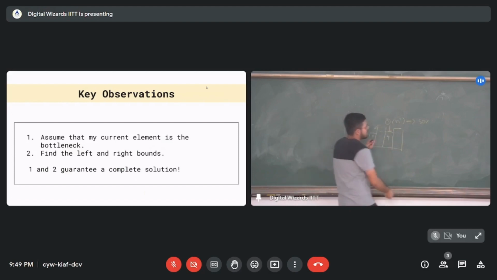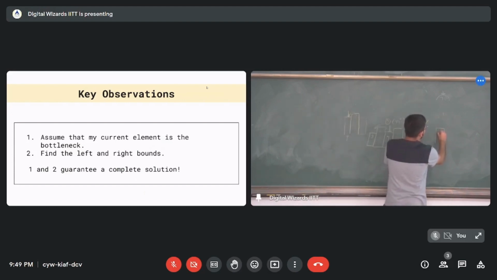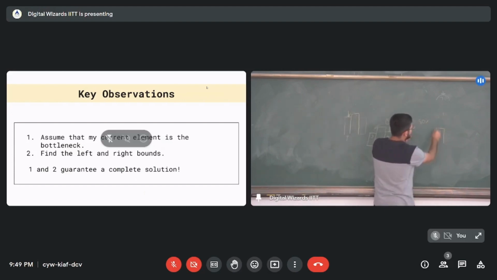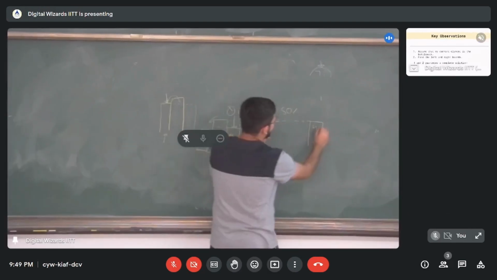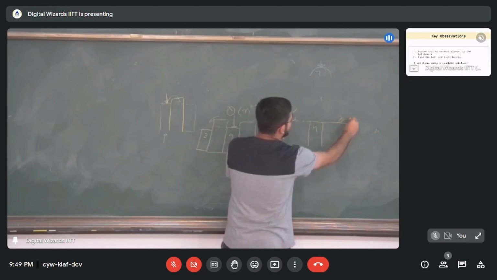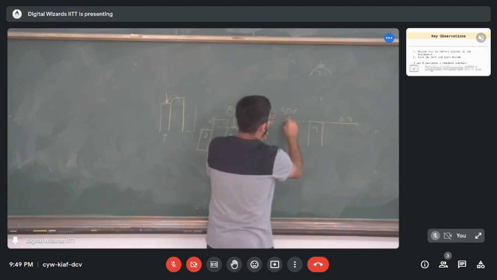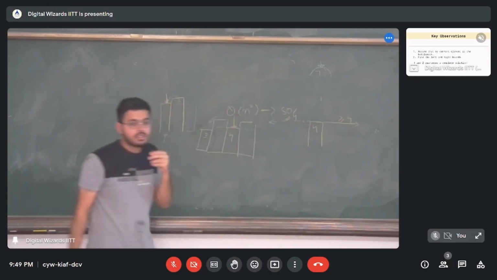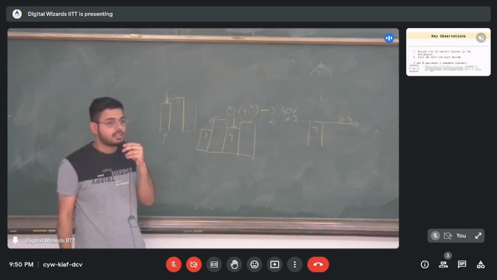If we have a bottleneck here, then we are definitely ensured that all elements from right and left are going to be greater than or equal to 4, right? Is that fine?